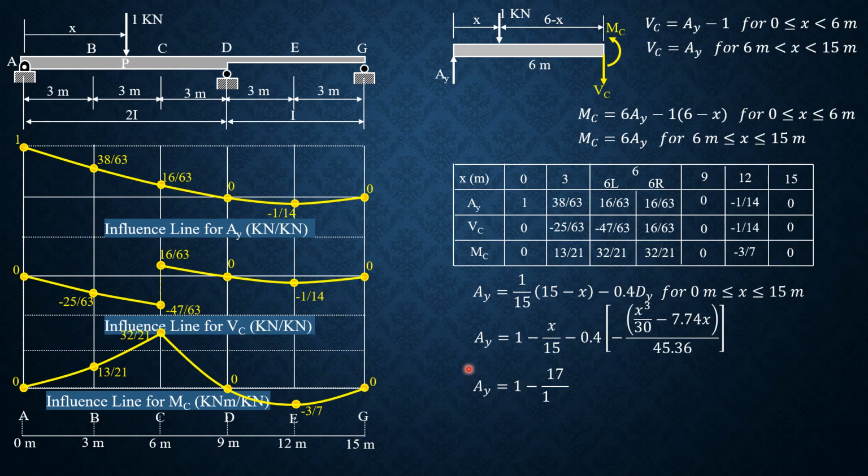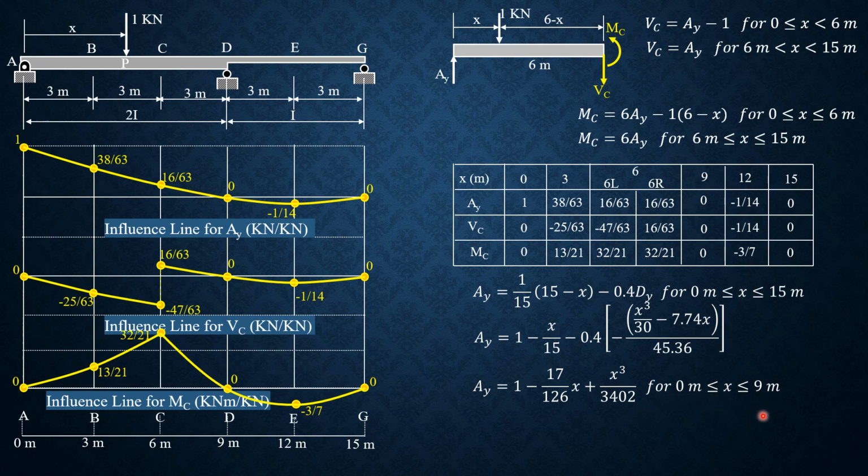So Ay is 1 minus 17 over 126x. Then negative of x cubed over 30 over 45.36 times negative 0.4 is positive, so it is x cubed over 3402. This is for 0 meters less than or equal to x less than or equal to 9 meters. So take note that Ay is 1 minus 17 over 126x plus x cubed over 3402 from 0 to 9.